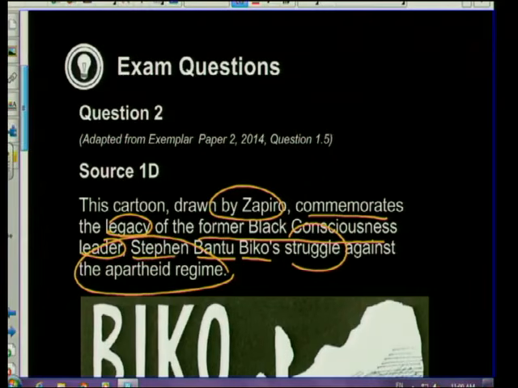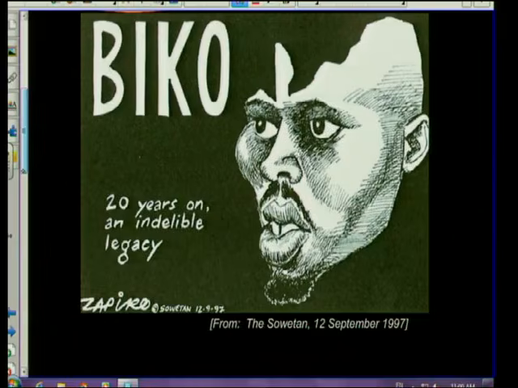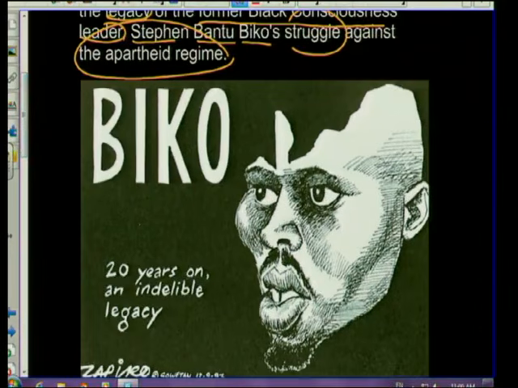Remember those 5W questions and the 1H question? Very important in analyzing the question. I hope you've not forgotten that. Let's look at the cartoon. Very interesting cartoon.